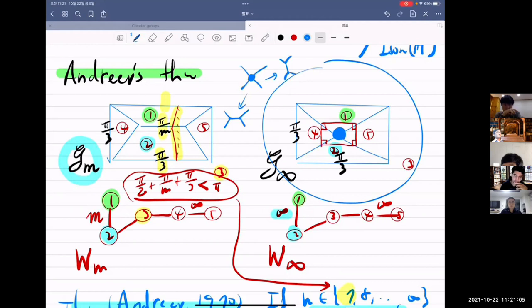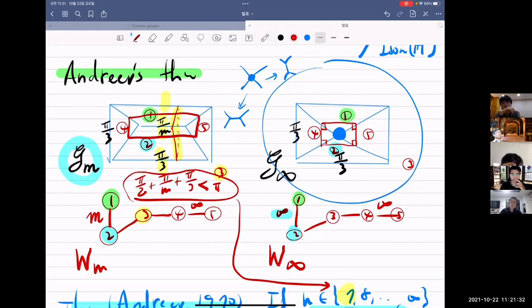Okay, so this is the picture. If you look at the left picture, this triangular prism is in fact a compact three-dimensional hyperbolic polytope in hyperbolic 3-space.